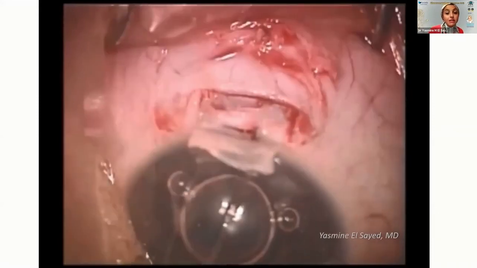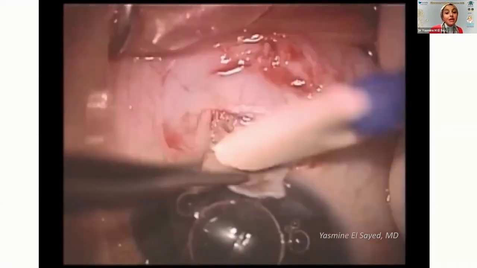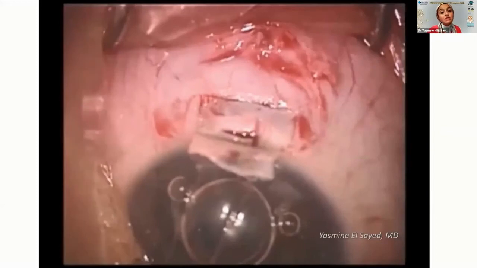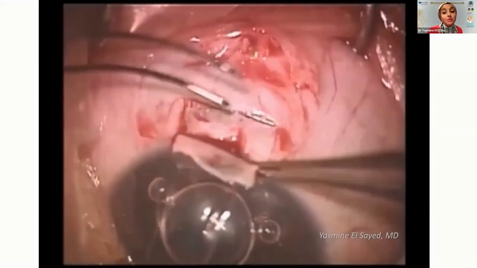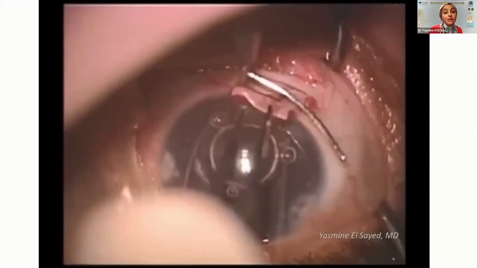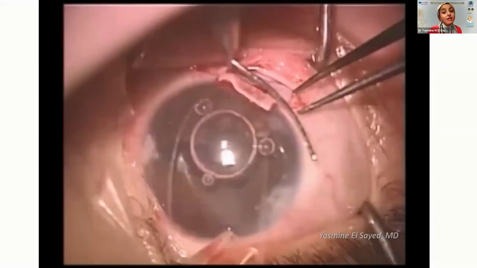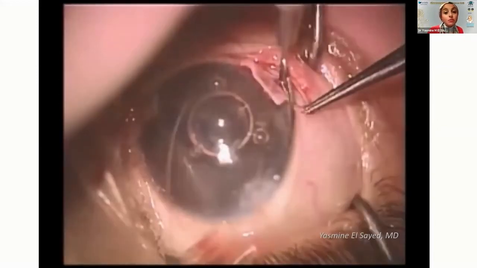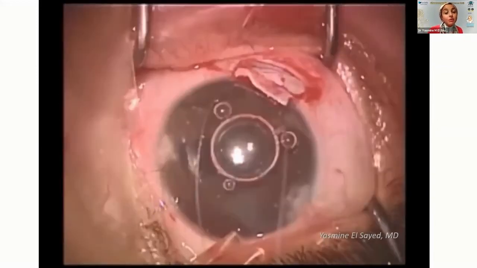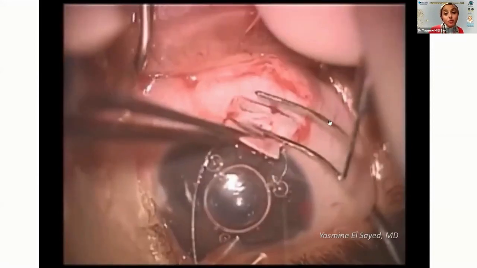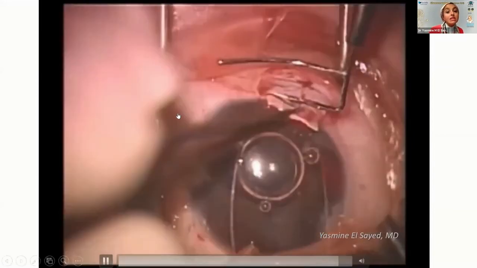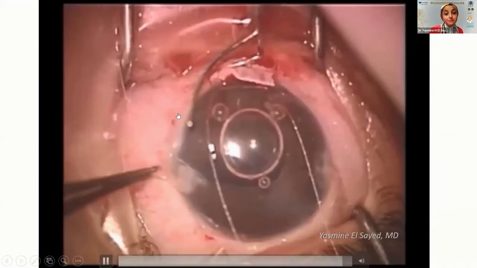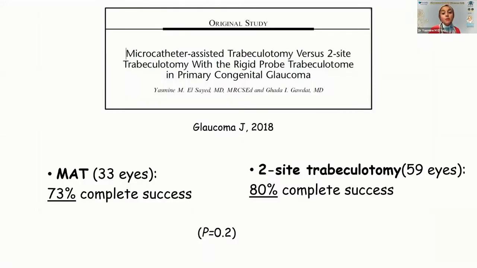Once you're in, you go in strictly parallel to the limbus, making sure that it doesn't penetrate the anterior chamber prematurely, because you can start properly inside Schlemm's canal, but then cut the course short by penetrating the AC before you reach the end of the probe, or you can misdirect posteriorly into the suprachoroidal space.